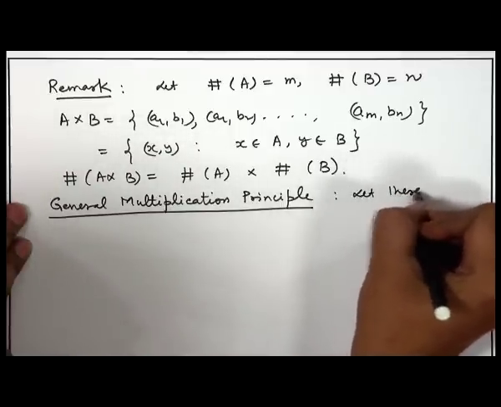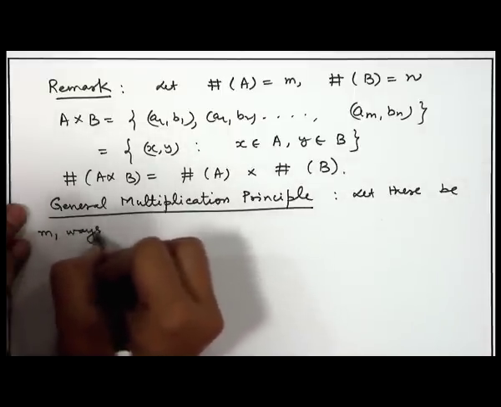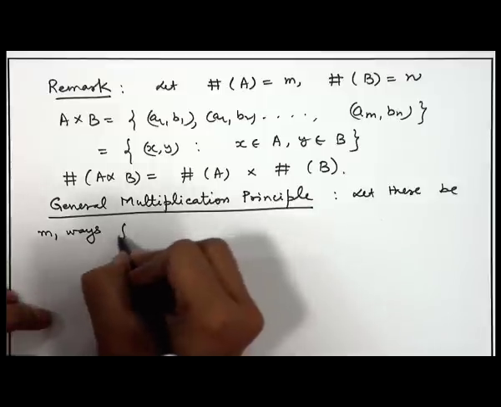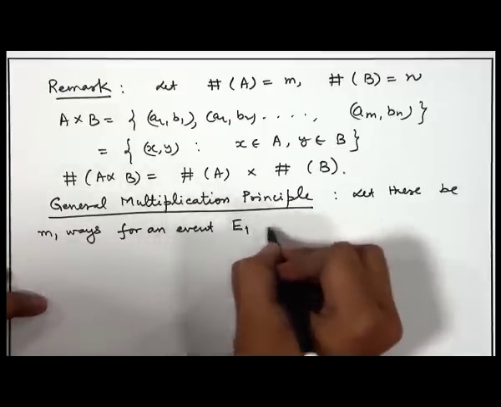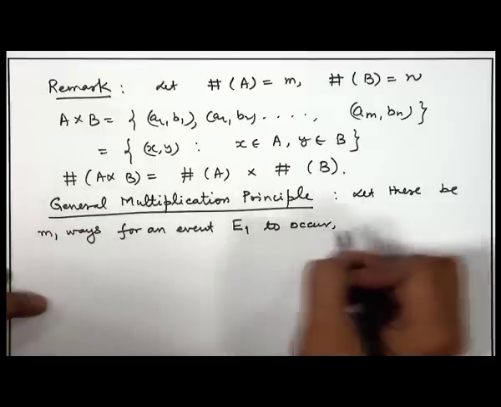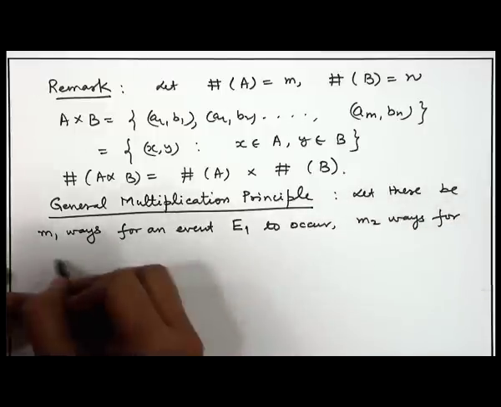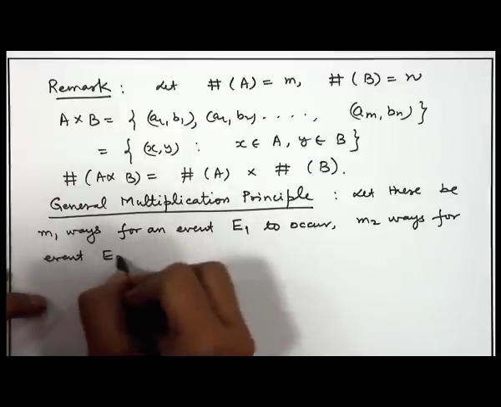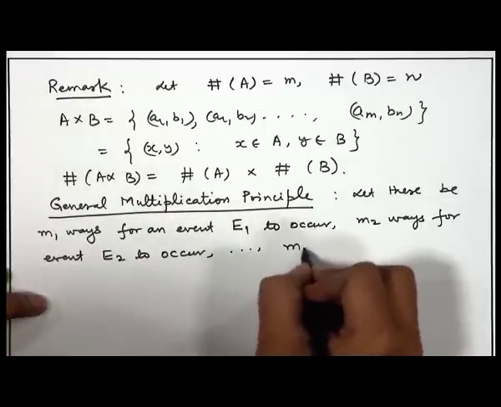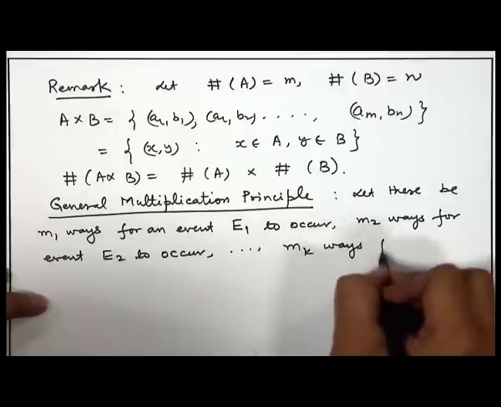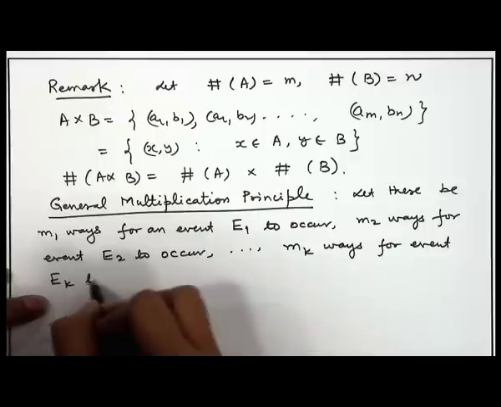Let there be m1 ways for an event E1 to occur, m2 ways for event E2 to occur, and so on, mk ways for event Ek to occur.